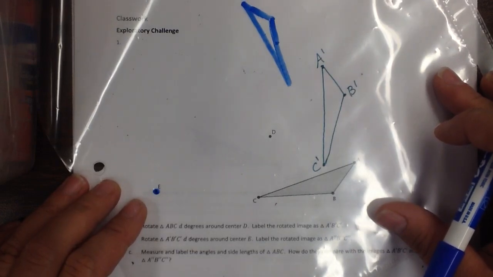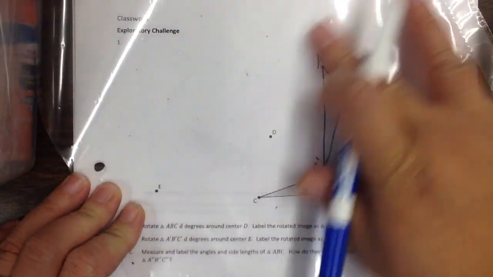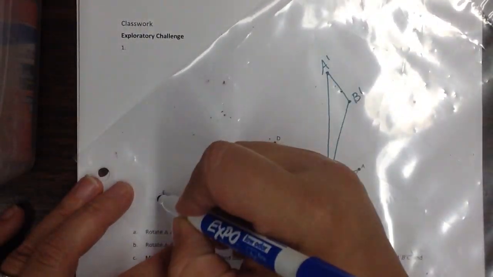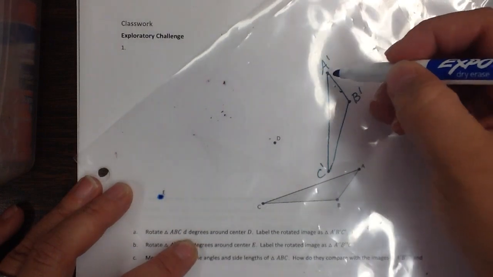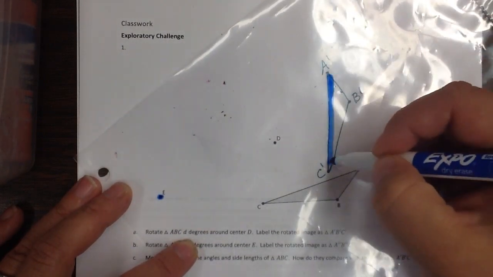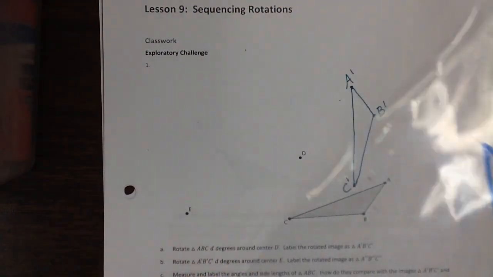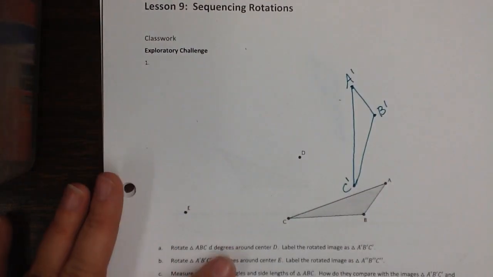Okay, and actually this might be a little difficult, so I'm going to move this. Okay, I'm going to put it right here, and I'm going to trace it again. It was going to be difficult because my paper is still stapled, so when I put it underneath it will be hard to do. So I'm going to move this over here.